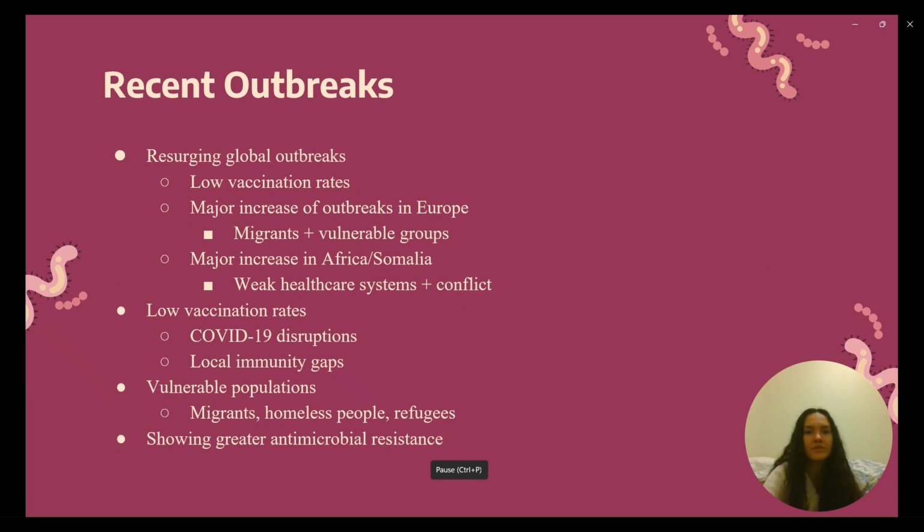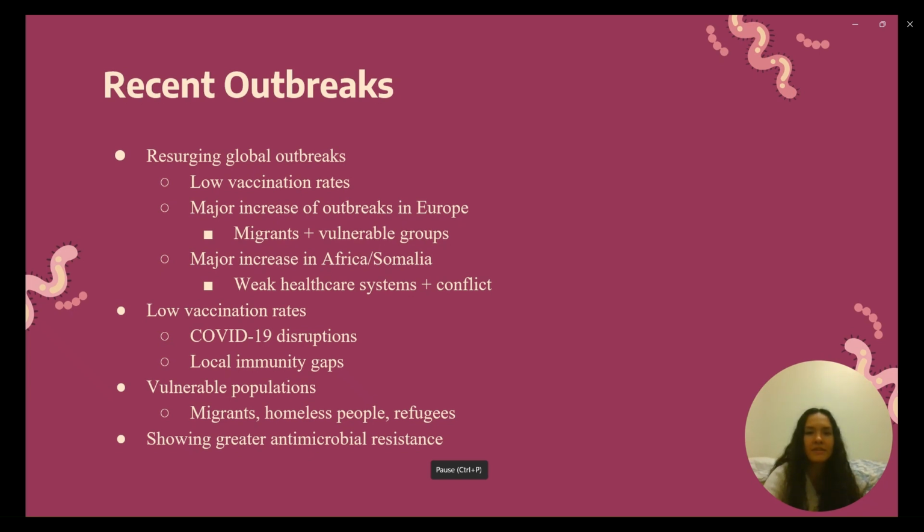Diphtheria has had resurging global outbreaks due to low vaccination rates, with a major increase of outbreaks in Europe among migrants and vulnerable groups. There has also been an increase in outbreaks in Africa due to weak healthcare systems and conflict.